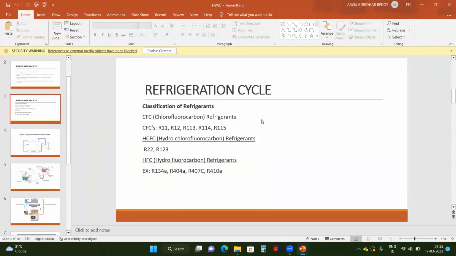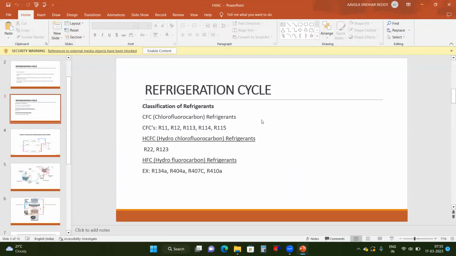Next one is HCFC refrigerants. HCFCs are two types, R22 and R123. The major drawback was the depletion of the ozone layer. When R22 gas leaks into the environment, and also when it is used, its properties affect the ozone layer.